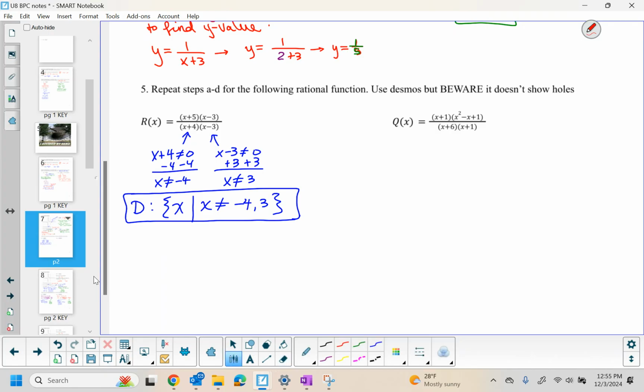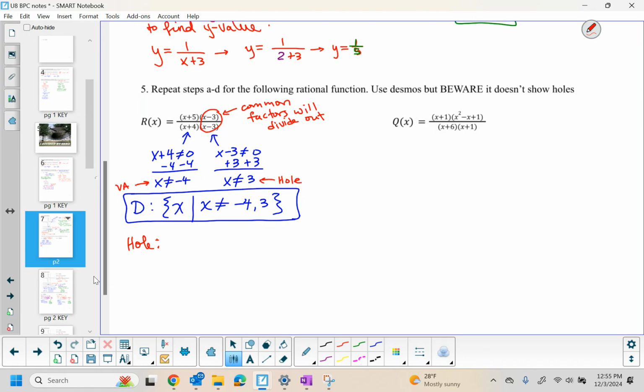So I did the restricted domain. Now I'm going to say, hey, these are going to cross out because they're common factors. So that means that I have a hole at this one. This one gives me the hole, and this one's going to give me the vertical asymptote.